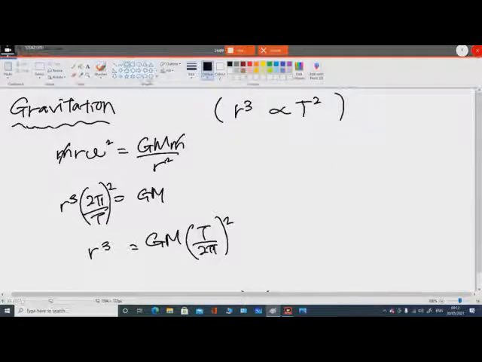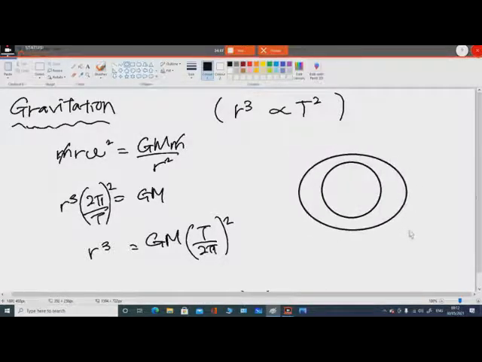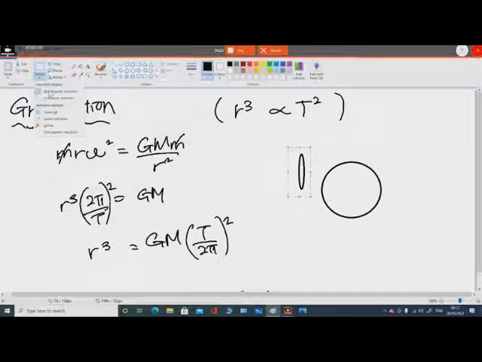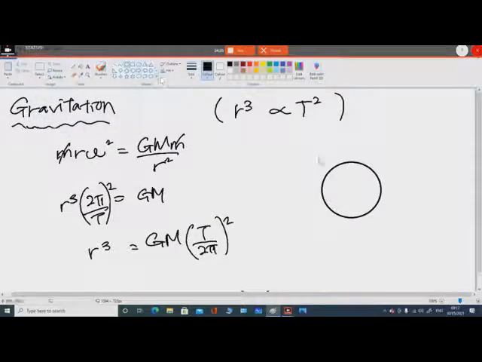Okay, so this is our Sun. Let me draw another circle. Okay, this is better.